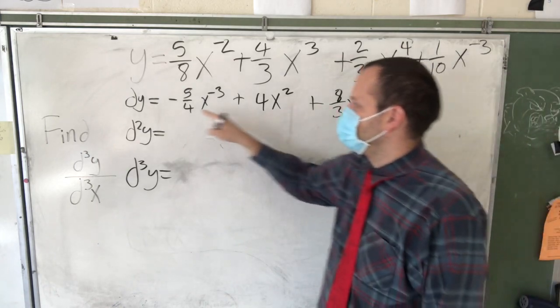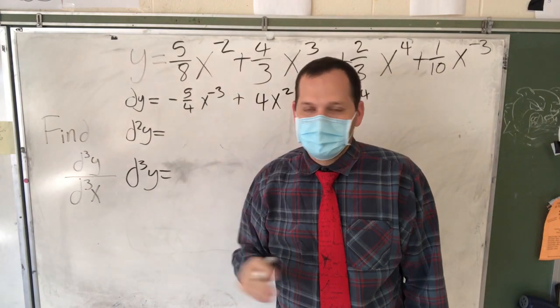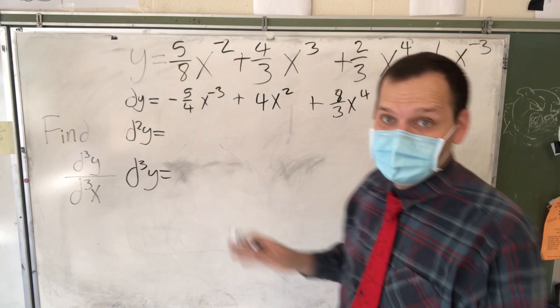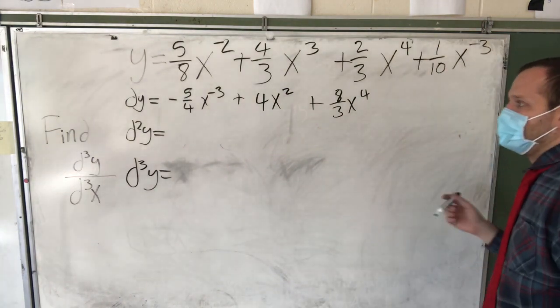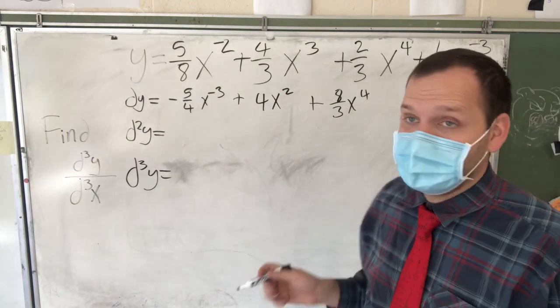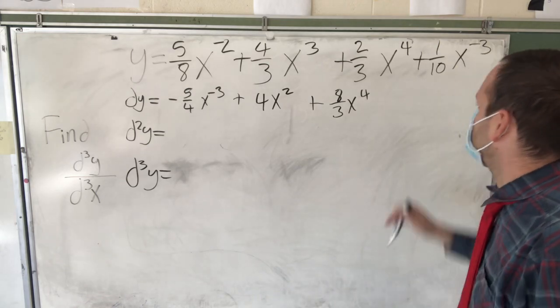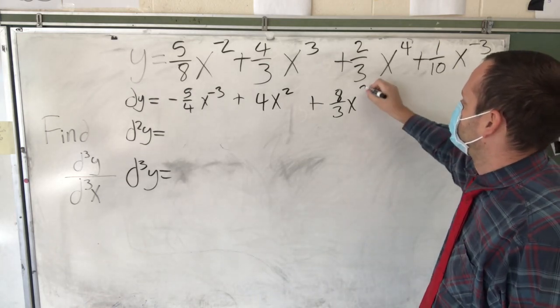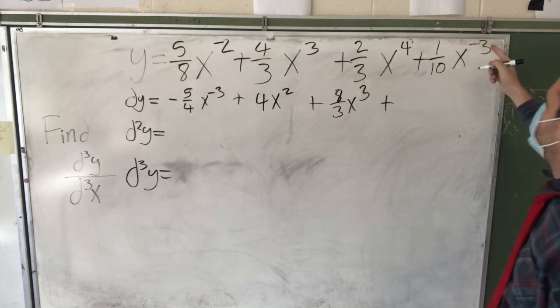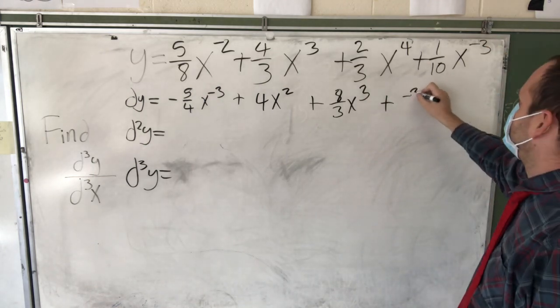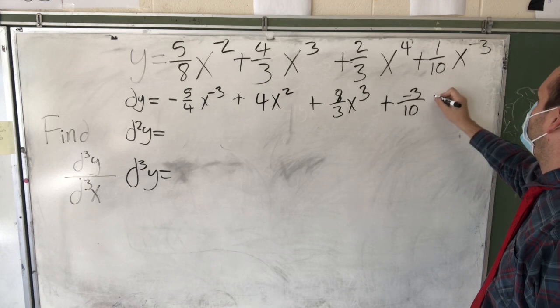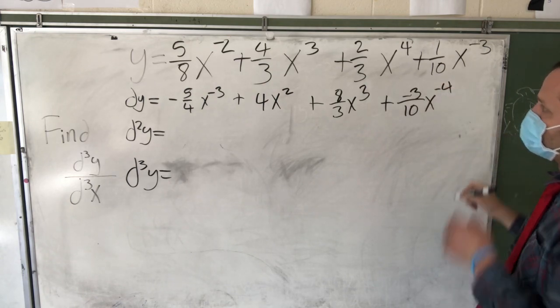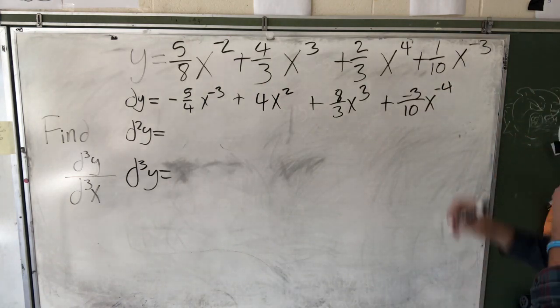Notice I'm just leaving these as fractions. I'm not giving crazy decimals. I'm leaving them as improper fractions. And that might be because later on, something's going to work out. Okay. Ooh, actually this should have been 1/3. Plus negative 3 times 1/10, that'll give me negative 3 over 10 x to the negative 4th. Okay? So that's my first derivative.